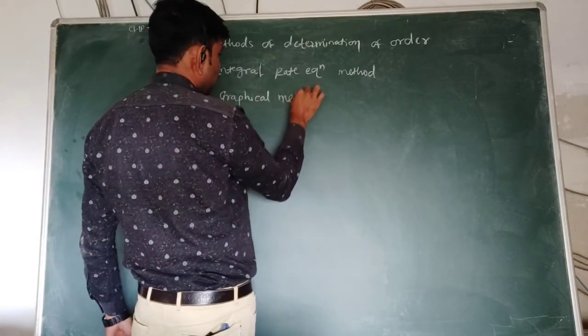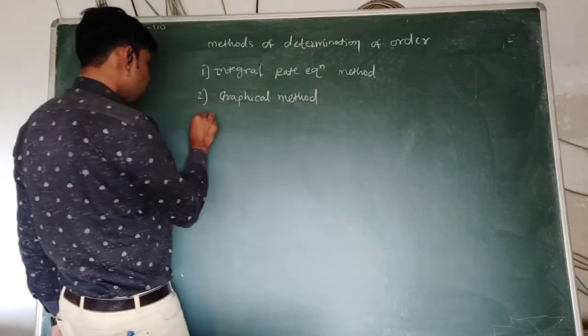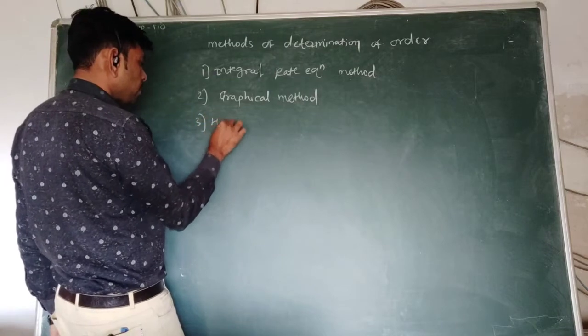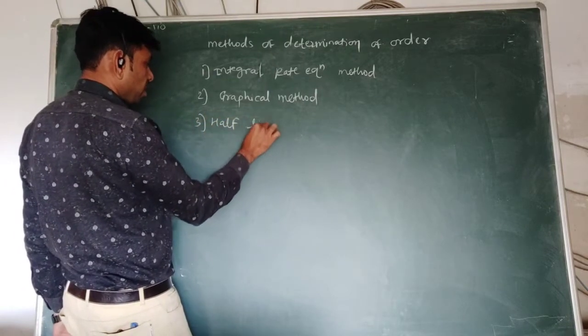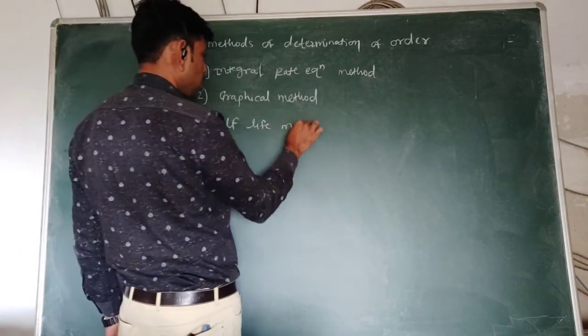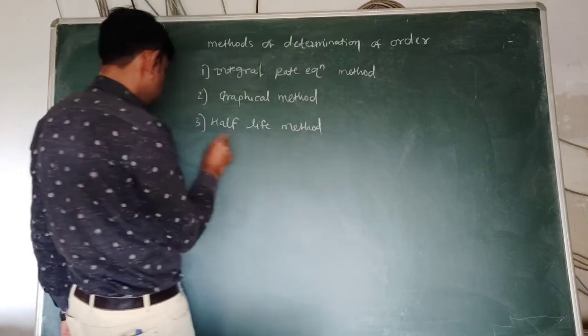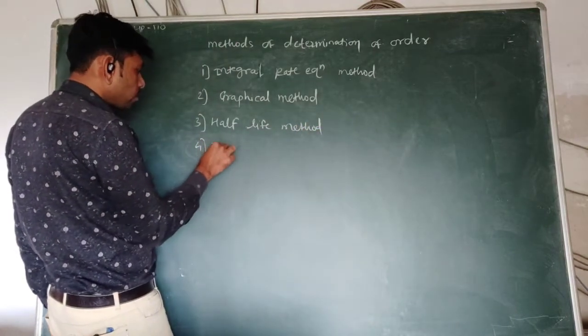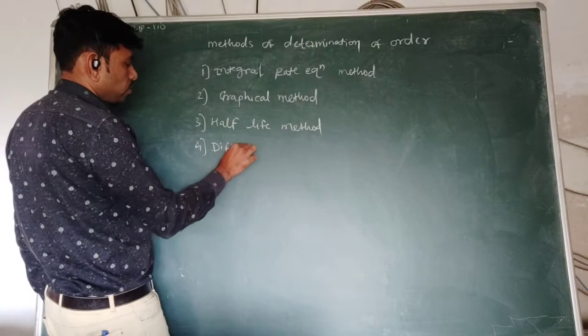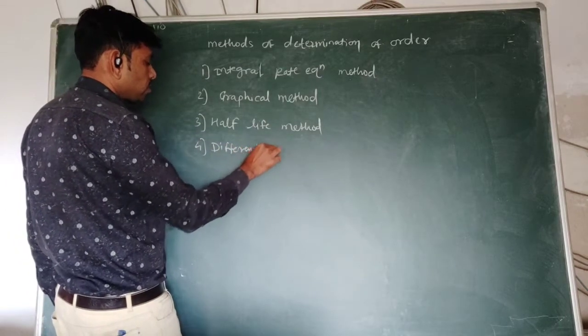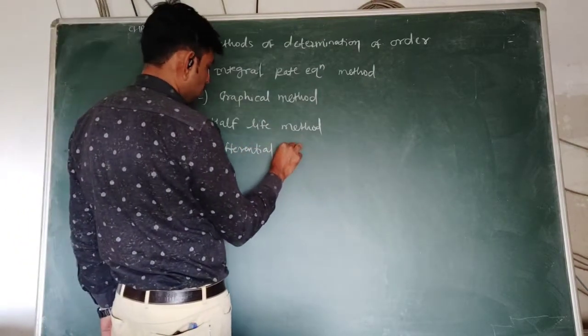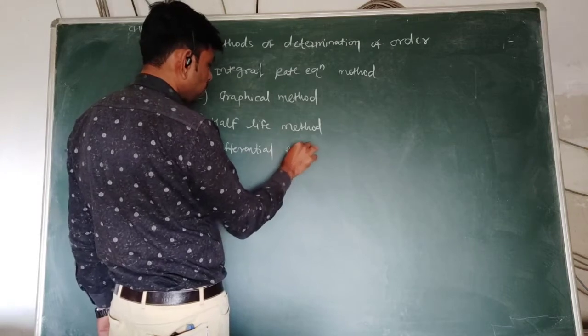Third is the half-life method. And fourth is the differential method, where the differential rate equation is utilized.